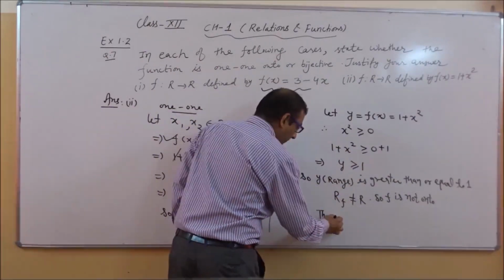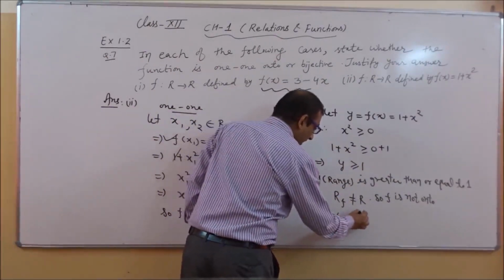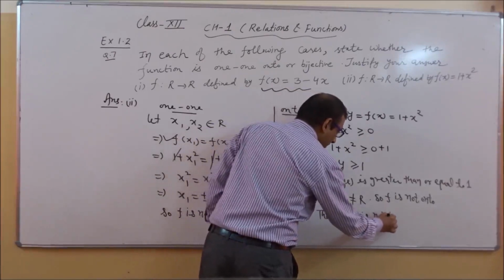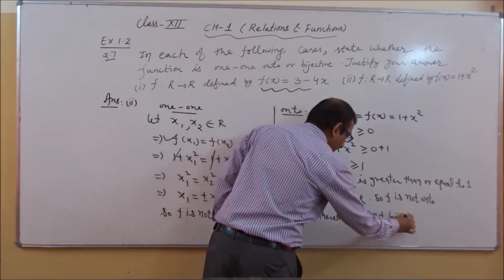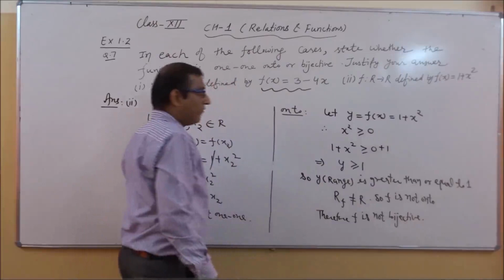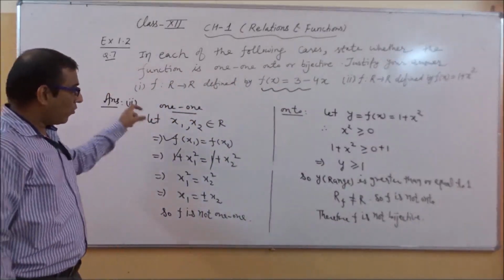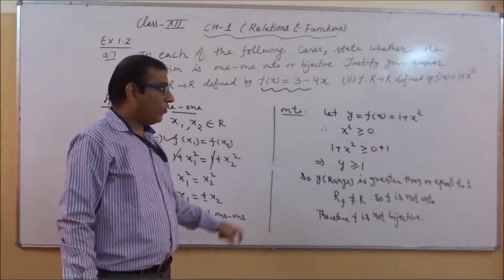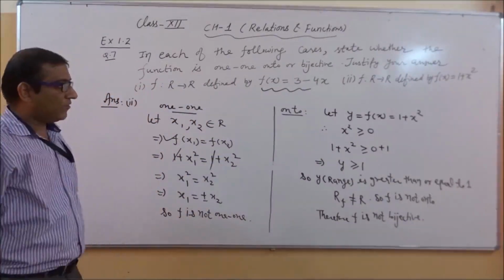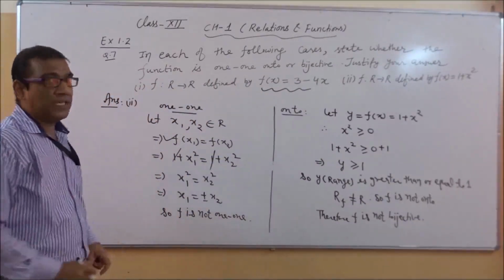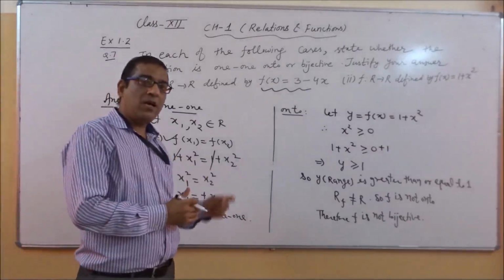Therefore we can say f is not bijective, or the given function is not invertible. So for the second question, this is the way of solving 1-1 and onto, and with the help of these two parts or two cases we can easily say whether the given function is invertible or not.